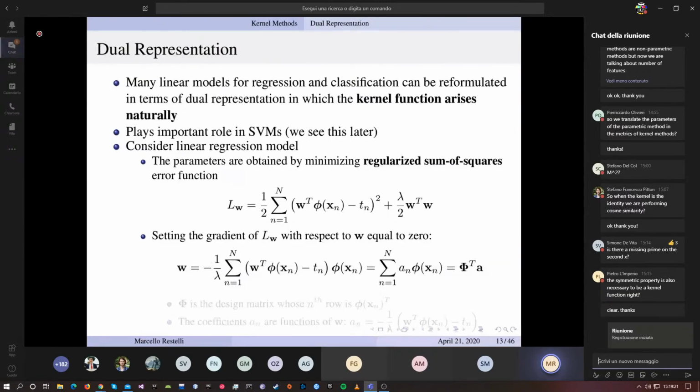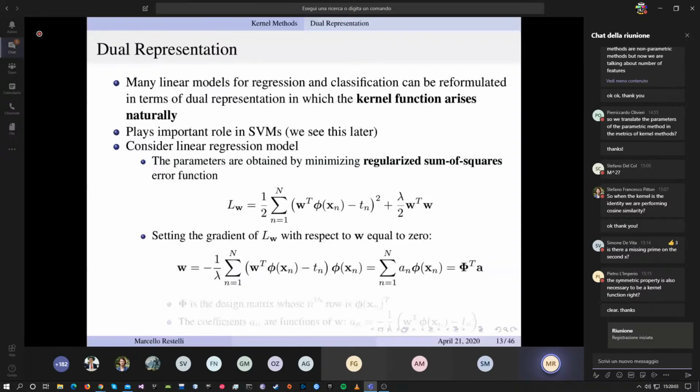In the loss function, the unknowns are W, the parameter that we want to find. Now we change, and the new unknowns that we want to have are no more W, but are An. An is equal to -1 over lambda multiplied by W transpose phi of xn minus tn. And so we have the summation from n equal 1 to capital N of An multiplied by phi of xn.